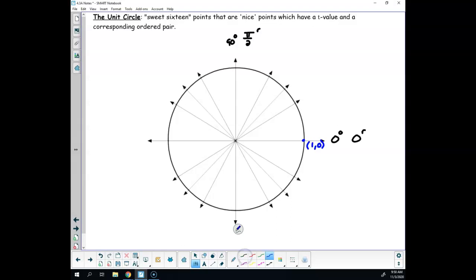That is the point 0, 1. So what's the cosine there? 0. What's the sine there? 1. What's the tangent there? Undefined, because we're dividing by 0. Yep. Okay.